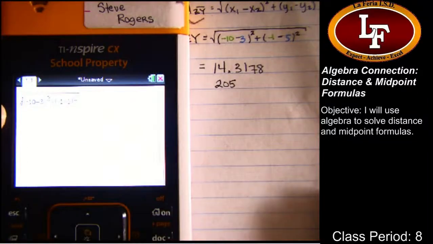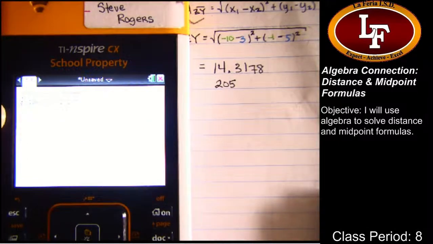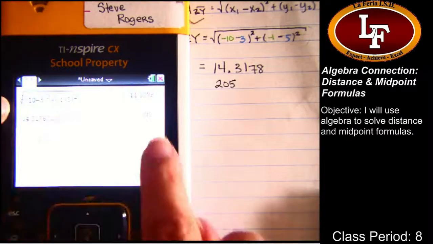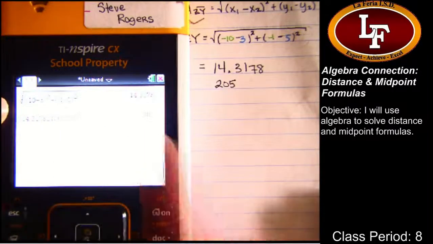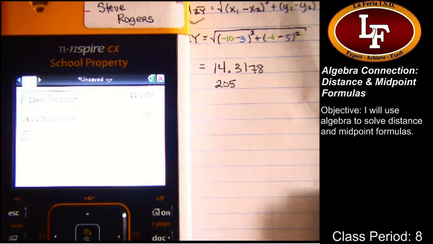Yes? You're supposed to put that. Yeah, you have to put the square root bar. You didn't? Okay, that's all right. So you put the stuff inside and it gave you that 205? Okay, so all you need to do is do the square root and then answer. And the answer is control and then the negative button. See the A and S? That's answer. And then if you hit enter, that should come up with the right one? Yeah? Okay.